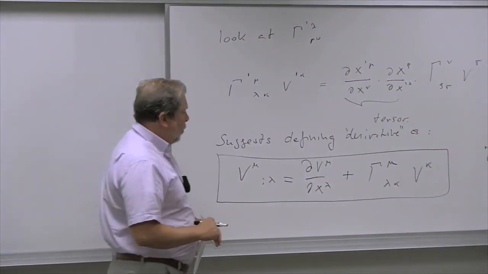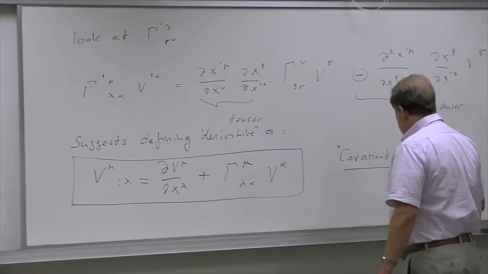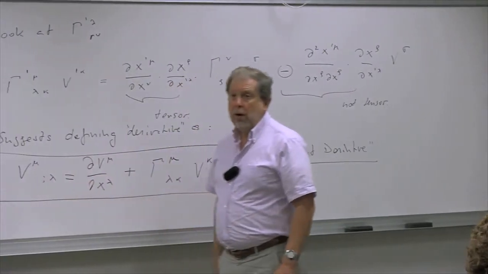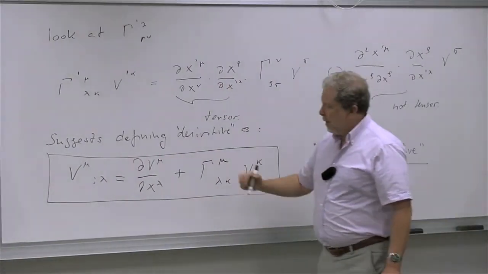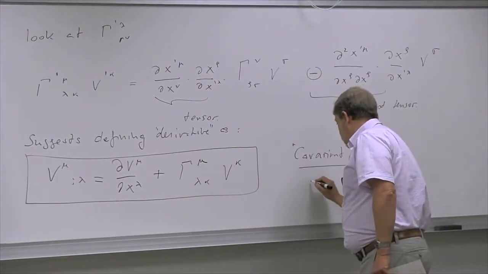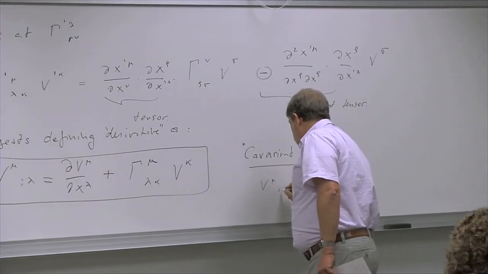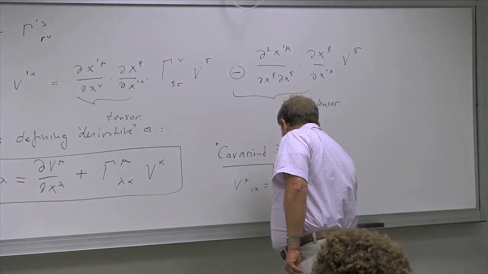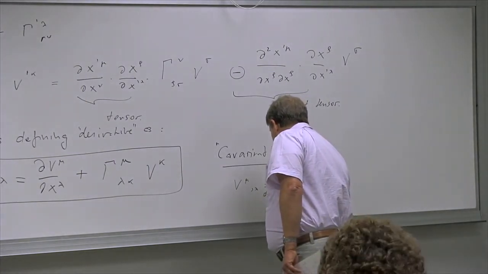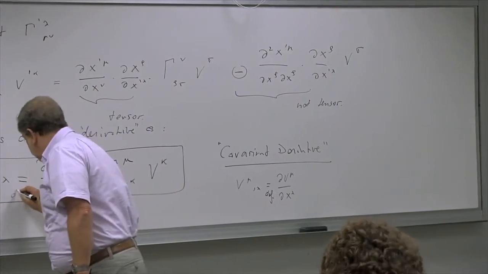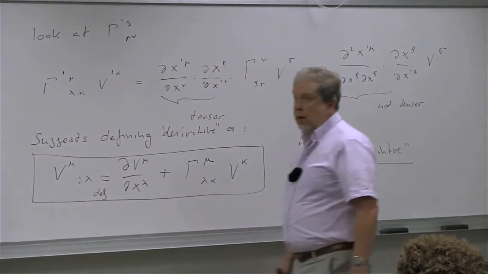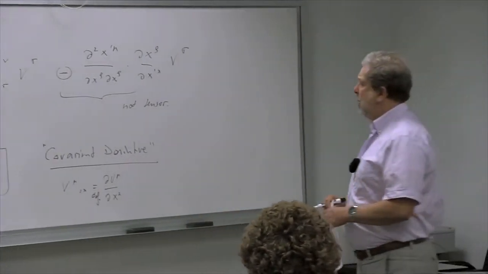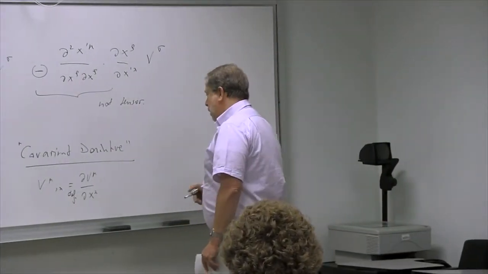In the old days it was always written as a semicolon. By the way, if you use a comma, then it's just the ordinary derivative. So in some books you will find that v mu comma lambda is just dv mu by dx lambda. That is why the semicolon is used: when you have the semicolon, it's a covariant derivative, which means you add on the gamma term.